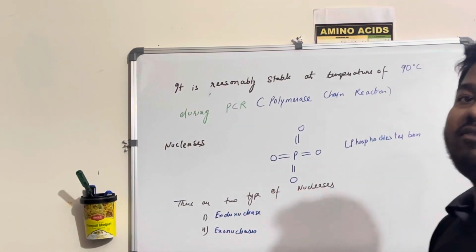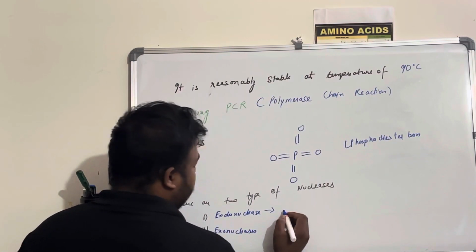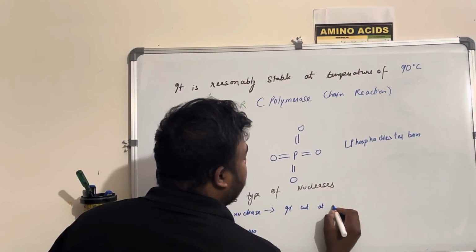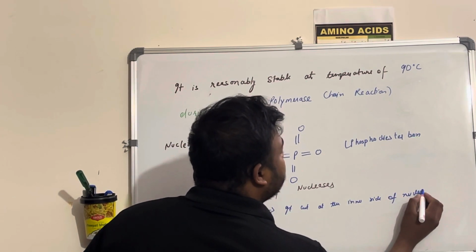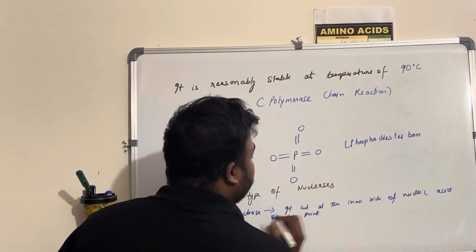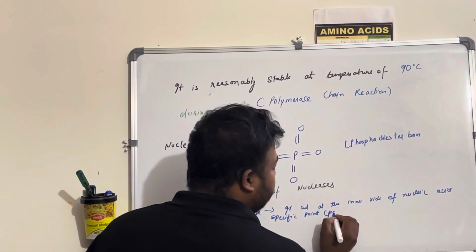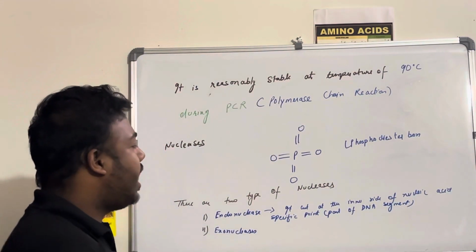What does endo mean? It will cut at a specific site, a specific point or specific part of a DNA segment. Okay. Now what are exonucleases?